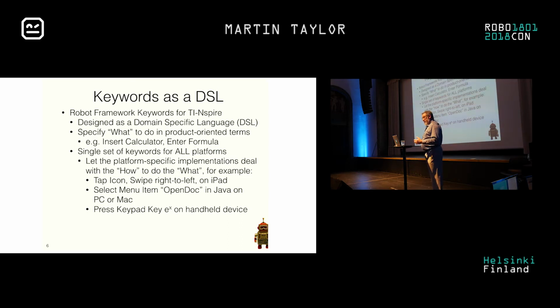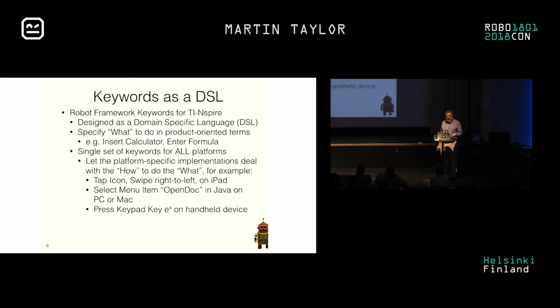The what is application-oriented things. So I said we had a document model. Insert calculator would be an application-oriented keyword to insert the calculator app into the current document. By doing that, we can have a single set of keywords applicable to all platforms, because it says what to do to the application.